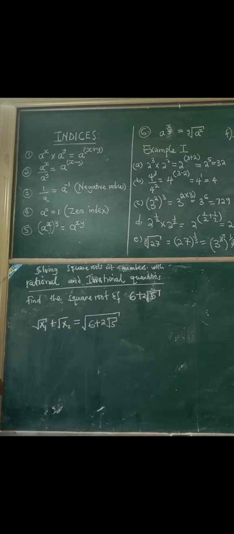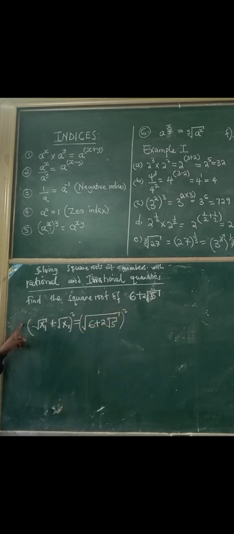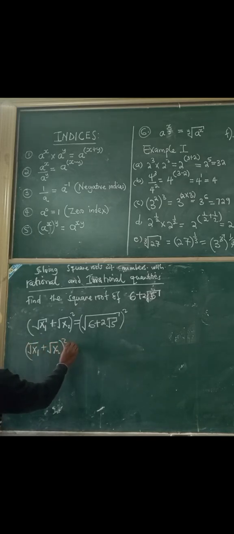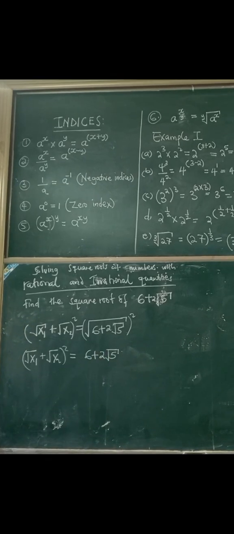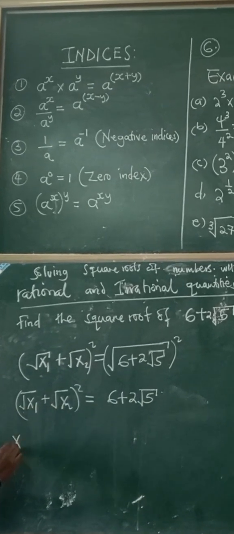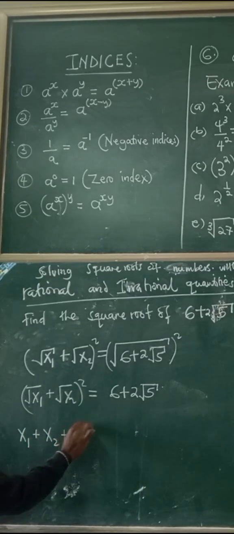So square both sides. This squared is equal to 6 plus 2 root 5. So this is x1 plus x2 plus 2 root x1 x2.